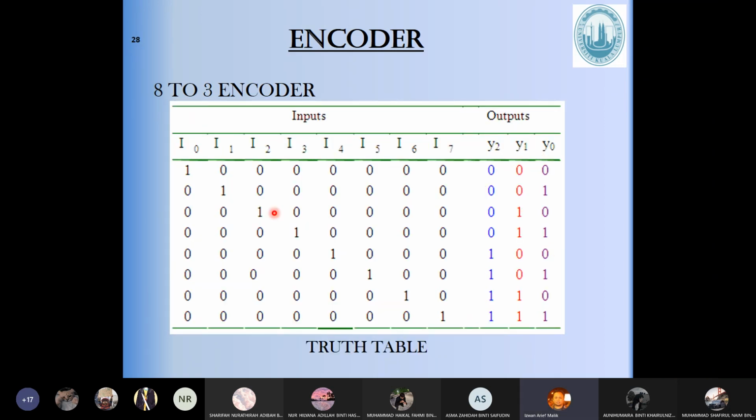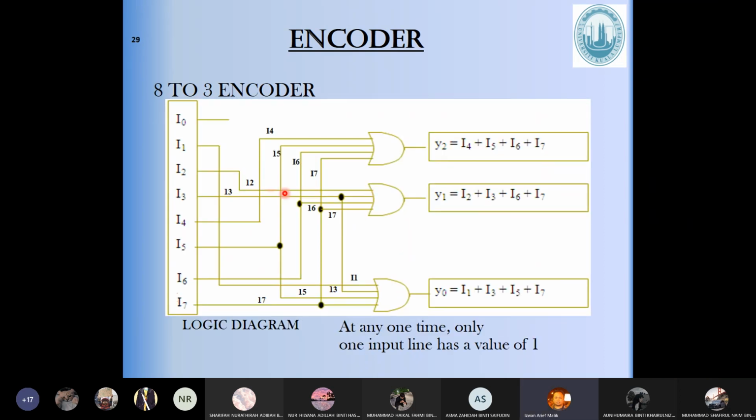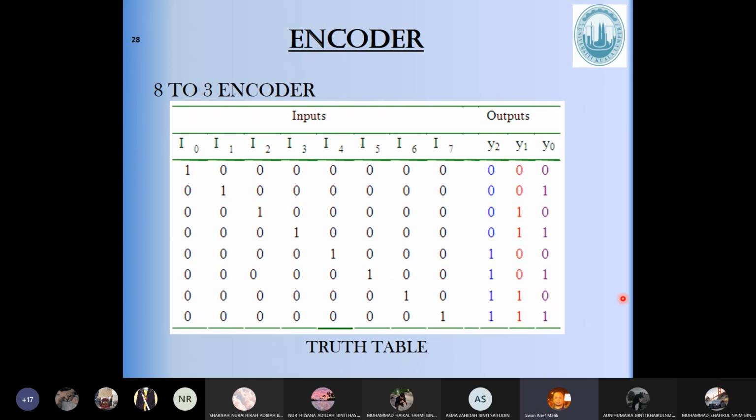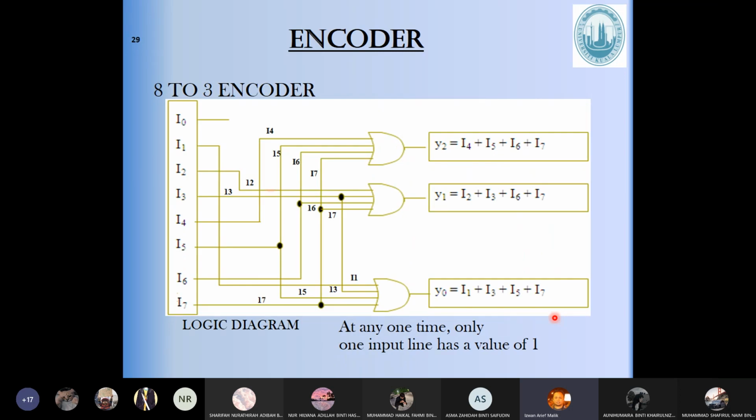For Y1, it is I2, I3, I6, I7. So I2, I3, I6, I7. Okay. And then Y0, 1, 3, 5, 7. So it means I1, then I3, then I5, then I7.